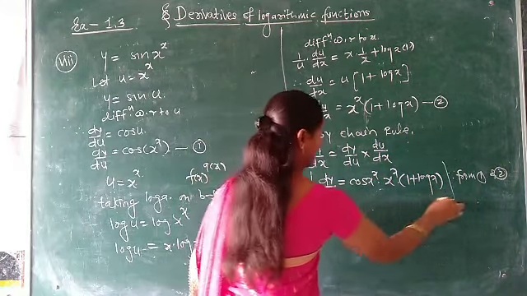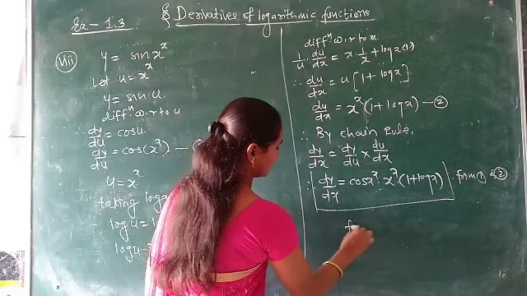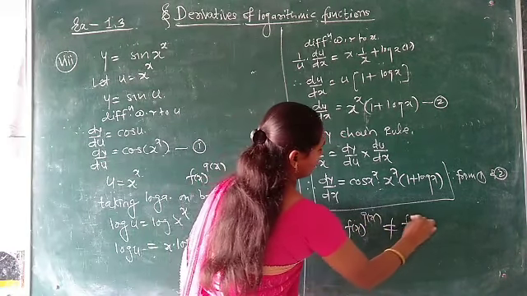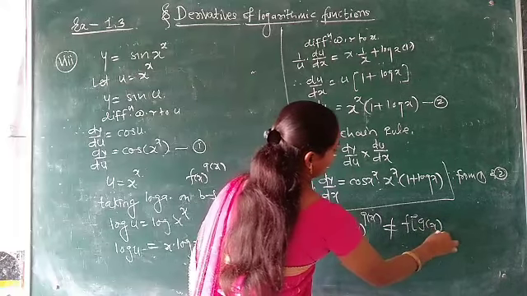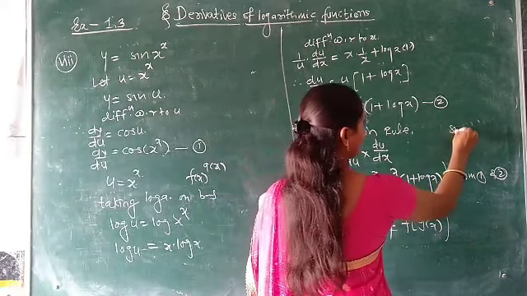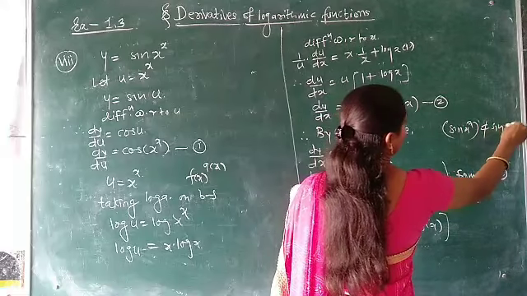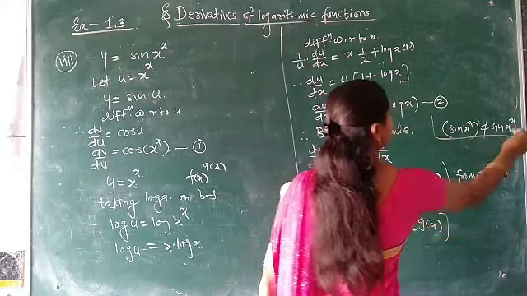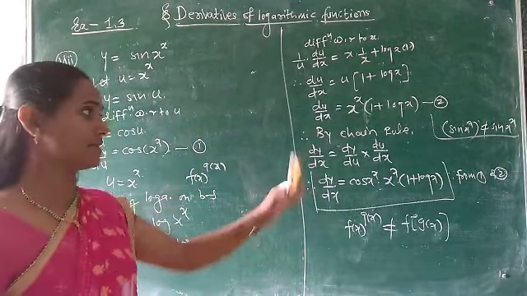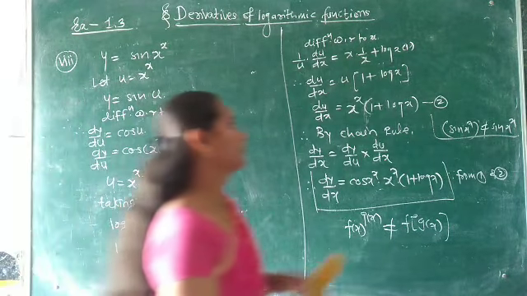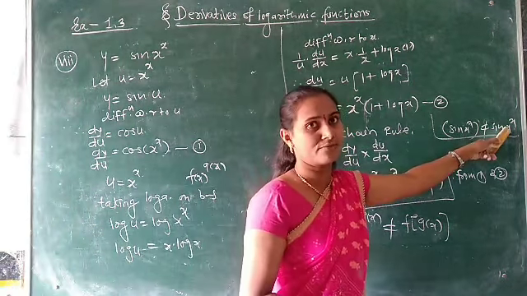Hence, this is the answer. Look, these two are different forms. So we can't write sin of (x raised to x) as equal to (sin x) raised to x. These are different functions. So for this type of function, we use the composite function theorem.